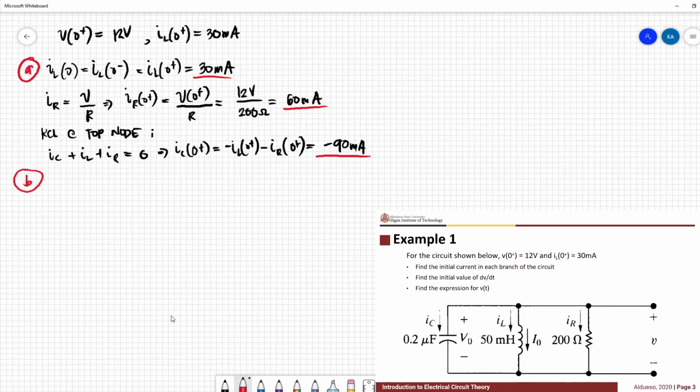For B, find the initial value of dV/dt. We have to find dV/dt at 0+. Where do we get this value? We all know that the current in a capacitor is equal to C dV per dt.